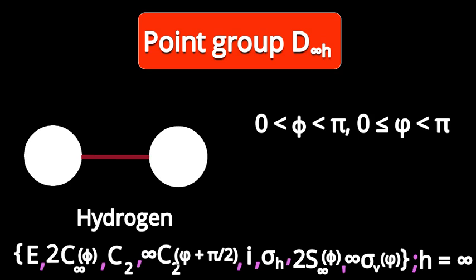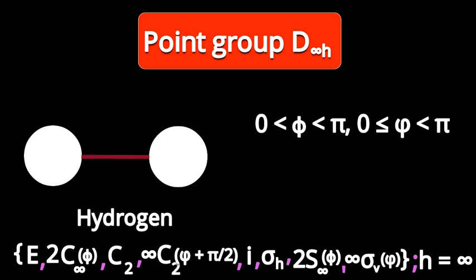Afterwards, there is a center of inversion as an element, and an operation: the inversion operation i1. We simply represent it as i. After that, is there any horizontal plane? Is there a plane perpendicular to the hydrogen bond, perpendicular to C infinity as the principal axis?